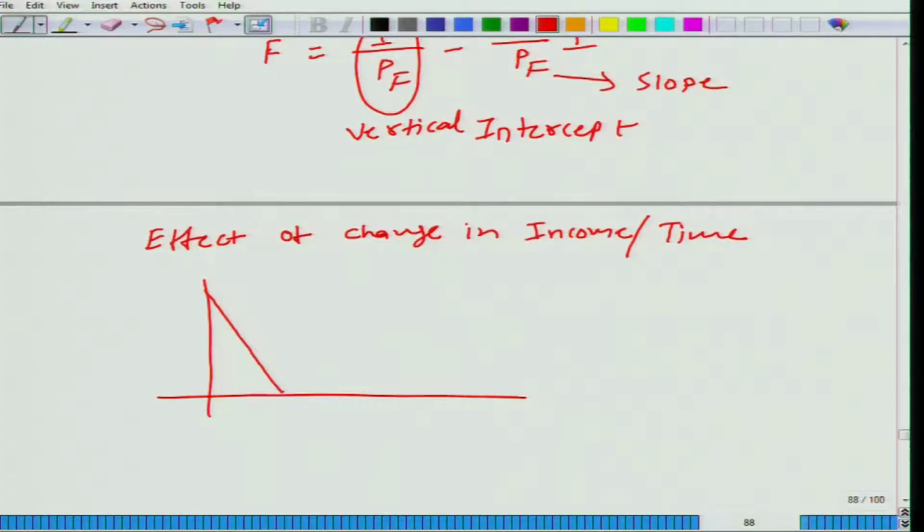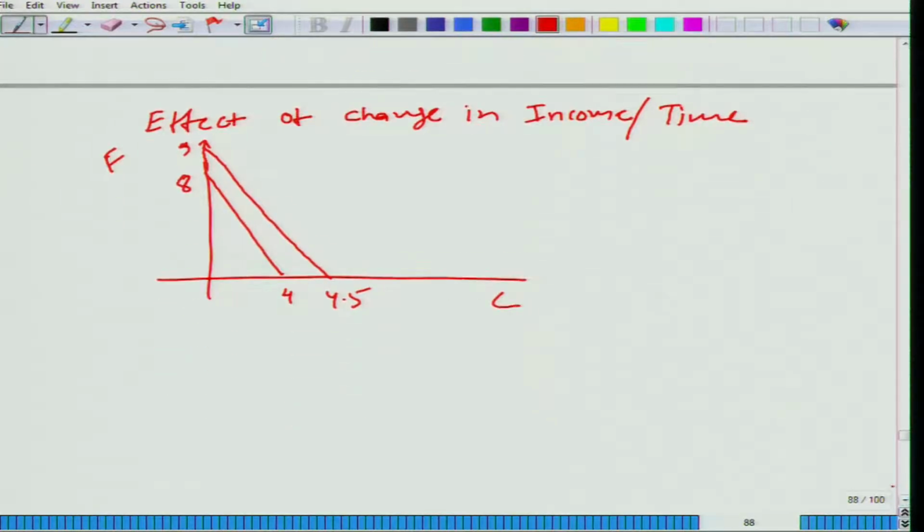From 8, let us say now Robinson Crusoe can work for 9 hours. It will shift outwards, and there will be a parallel shift. Okay? Fine, it is clear, nothing fancy.